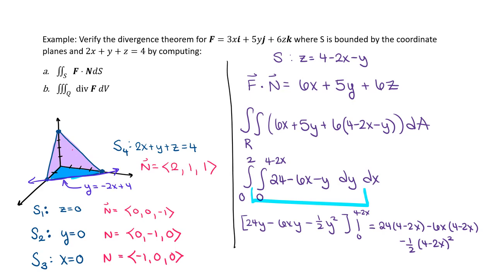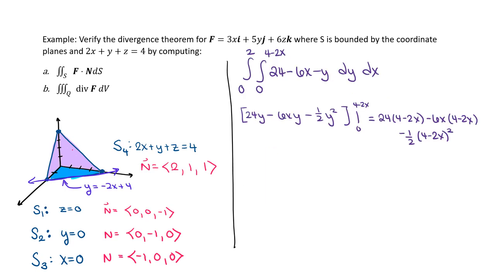So I'm going to start with my inside integral. Integrate with respect to y. I got 24y minus 6xy minus 1/2 y squared. Plug in my bounds of integration. So I'm going to have to plug in that 4 minus 2x in for all the y's. I erased some stuff to make some more room. So I plugged in that 4 minus 2x in for all the y's.